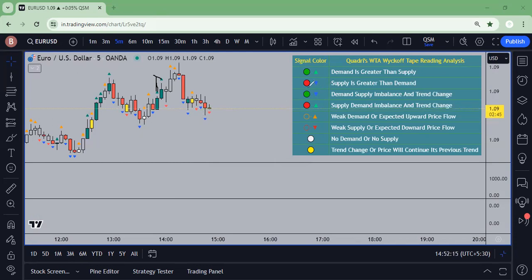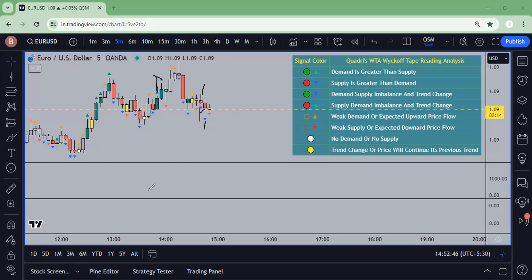Same goes if there is a red candle with blue triangle. This means in this particular candle or bar or line chart, whatever you are using it on, the supply is greater than demand.